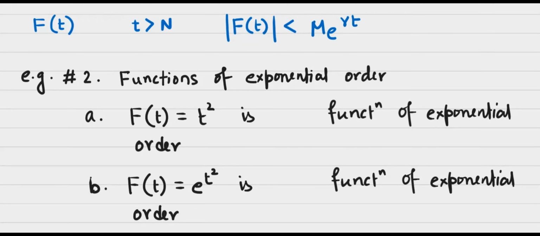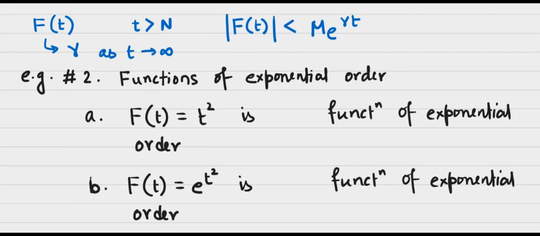If this is the case, then f of t is called a function of exponential order gamma as t tends to infinity.